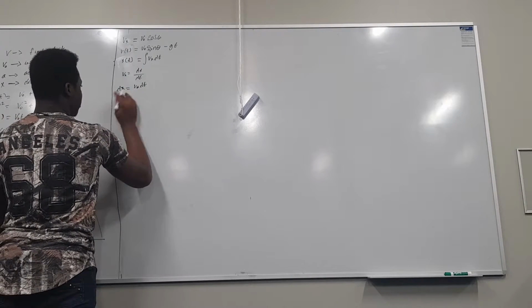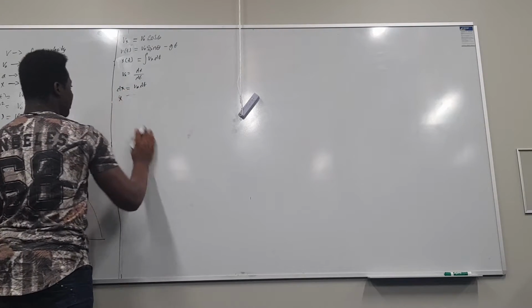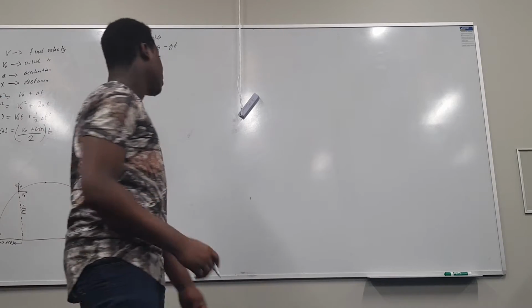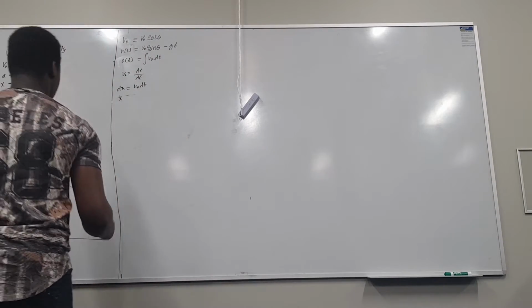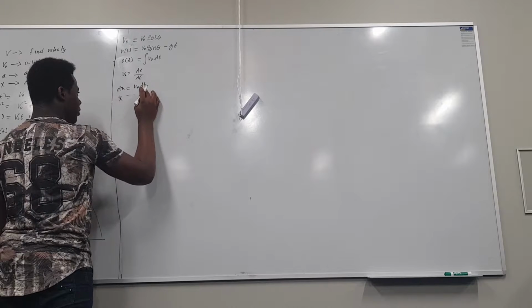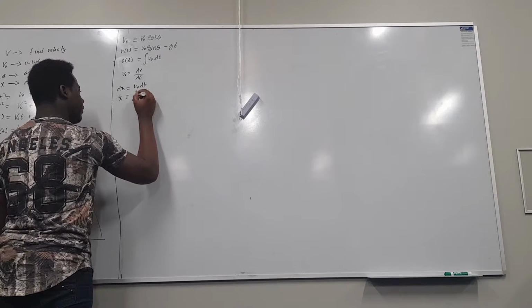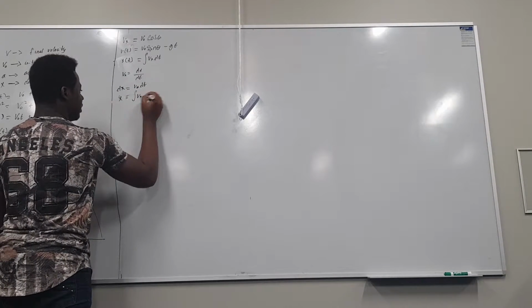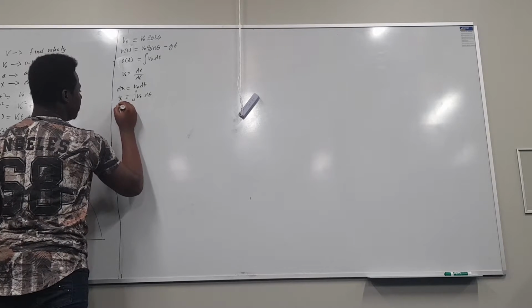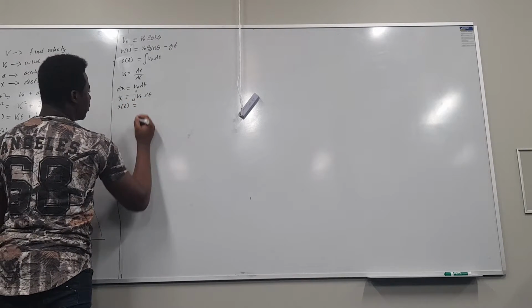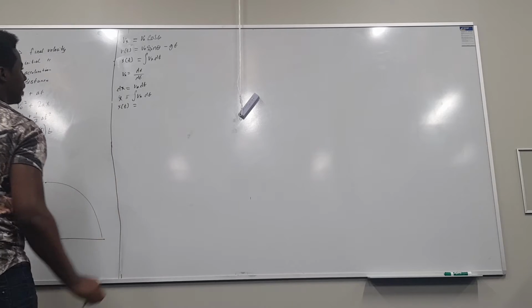So dx is known as the differential. If you take the differential to the other side of the equation, it becomes an integral of vx dt. So x of t is equal to the integral of that with respect to t.